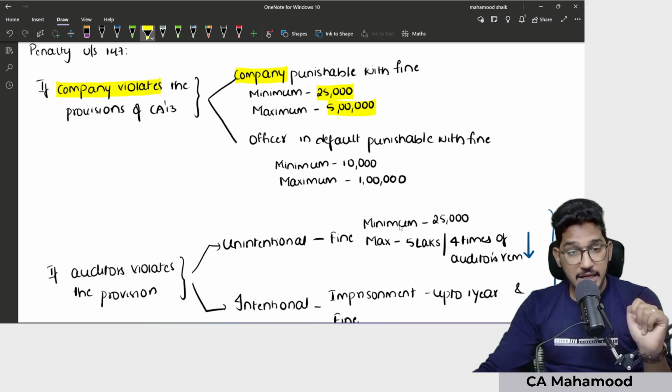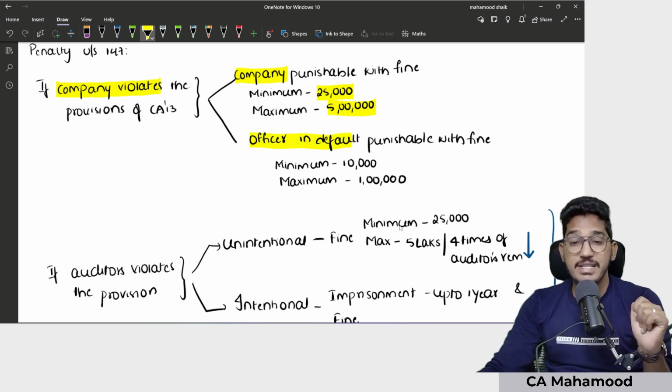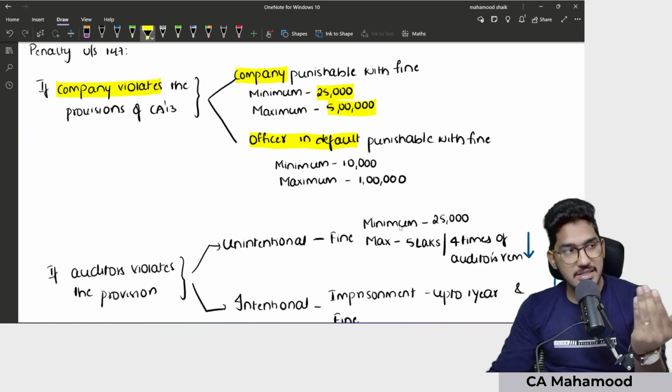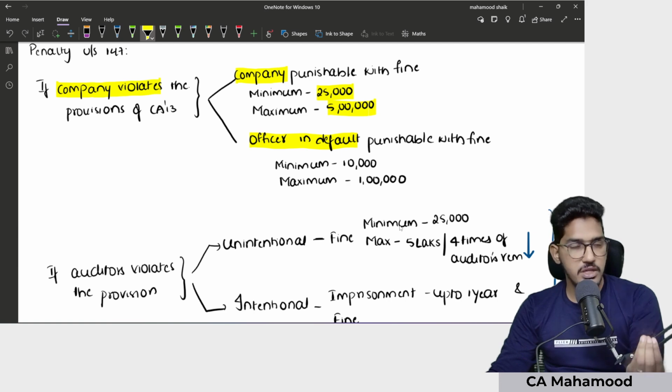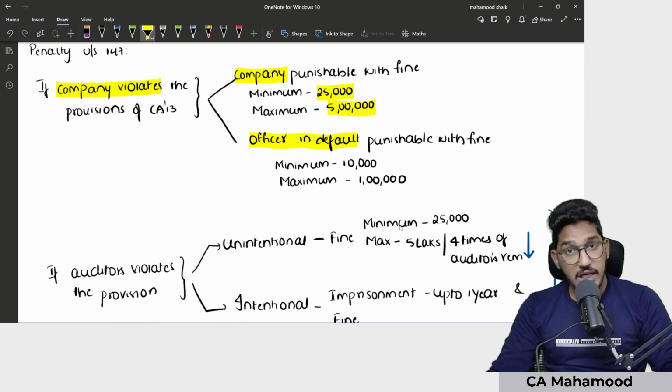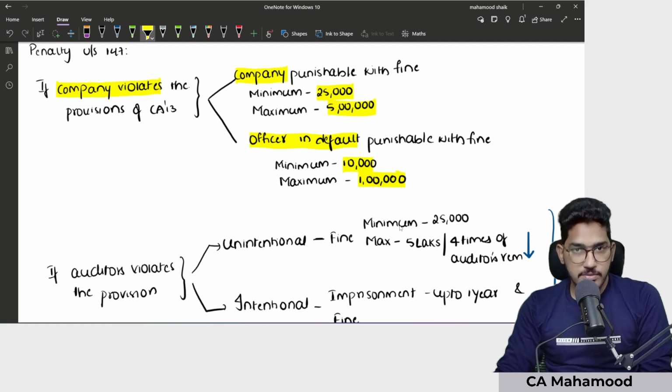This penalty is on the entire company. In addition to that, every officer who is in default, whichever officer has committed the default, like a board director or CEO, CFO, some officer, that officer in default will also have a separate penalty. He will pay a penalty of minimum 10,000, which may go up to a maximum of 1 lakh rupees.